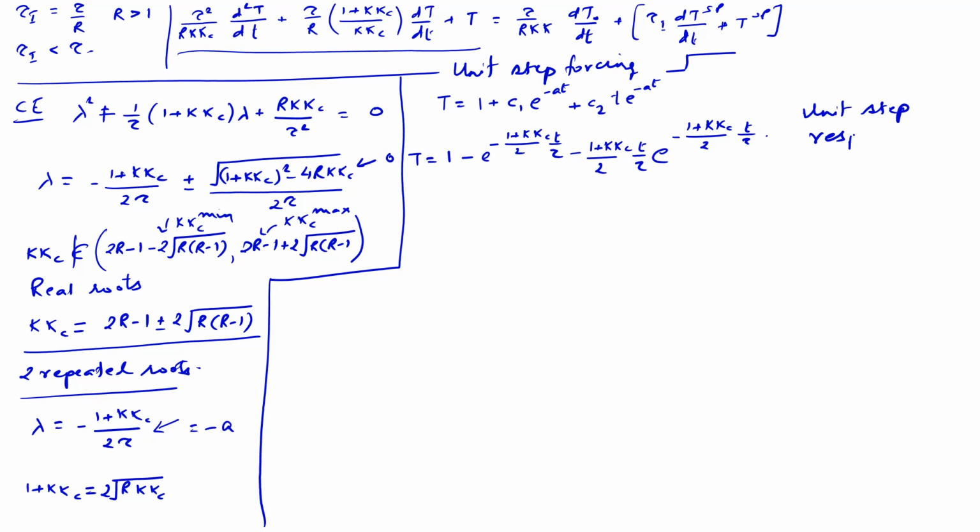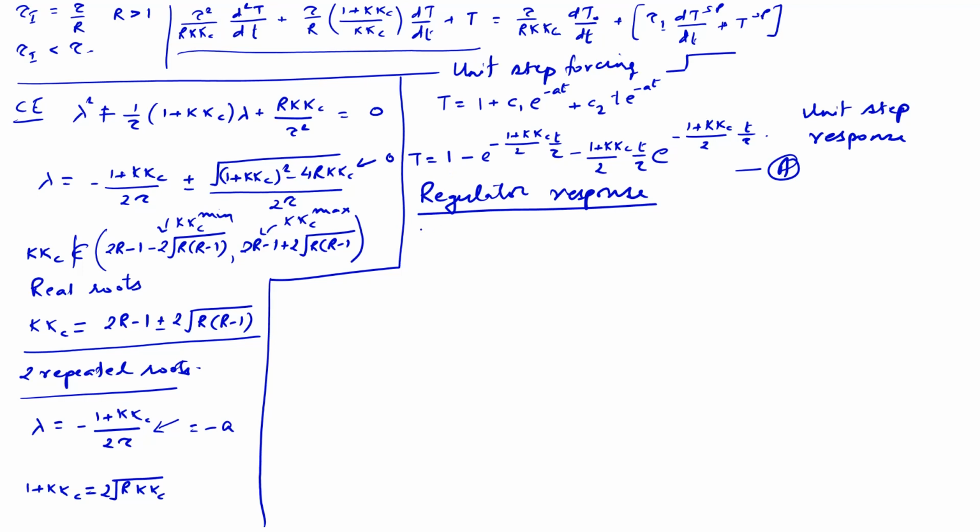Now if I want the regulator response, then you can see the regulator is, and if I call this equation A, then the regulator response will be tau by r kkc times the derivative of the unit step response.